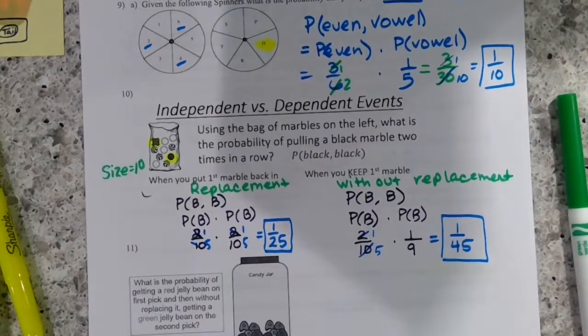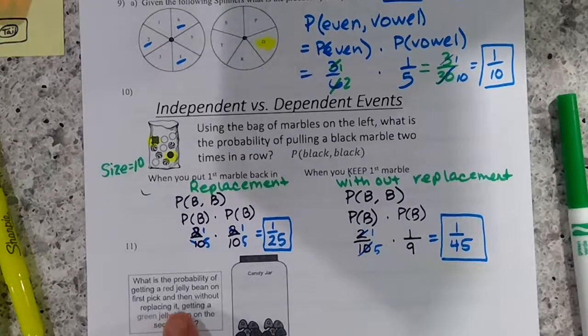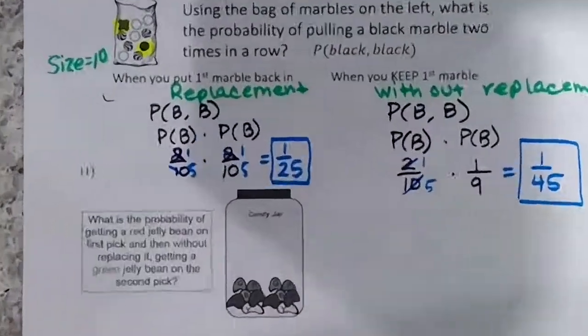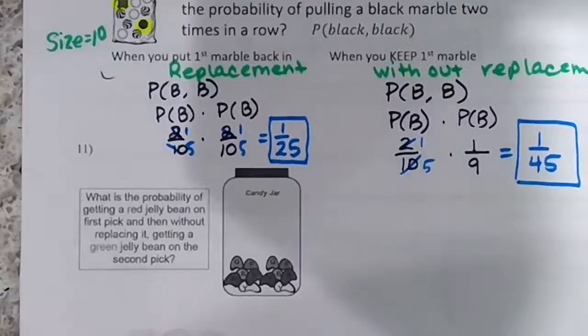All right, the next one says, what's the probability of getting a red jelly bean on the first pick and then, without replacing it, getting a green jelly bean on the second pick? Okay, so these are kind of hard to see. So let's see what we have. How many jelly beans are there?